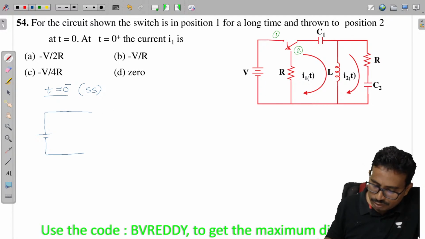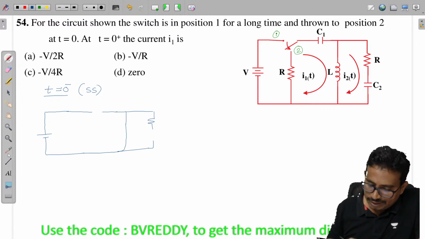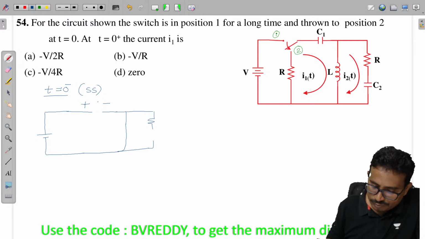So the capacitor will behave like an open circuit and inductors are short circuited. Now this voltage, we can call this VC1 of 0 minus.